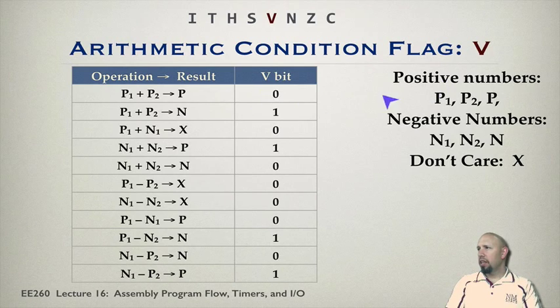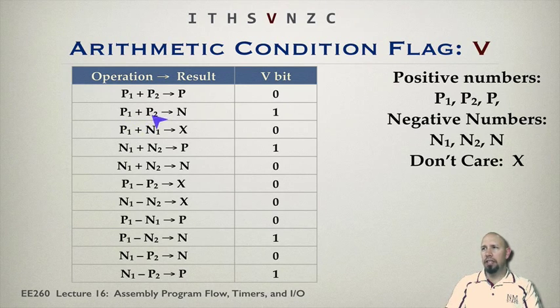So here, these P's correspond to positive numbers, and N's stand for negative numbers in this table, and X stands for doesn't matter or don't care. If I have two positive numbers and I get a P, a positive number, the V bit is 0.